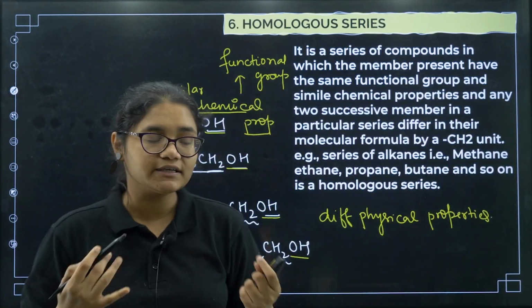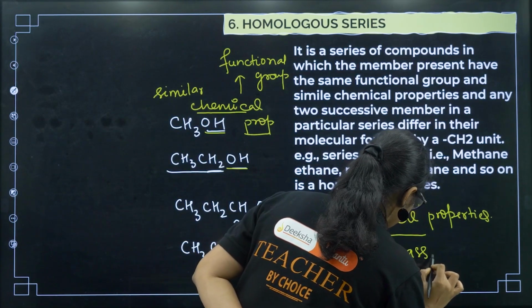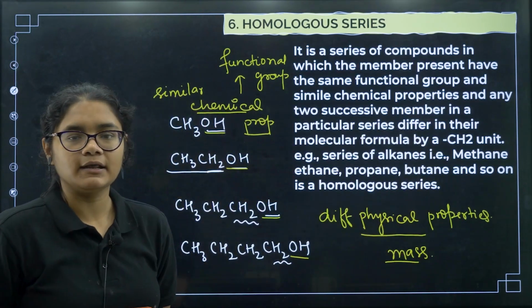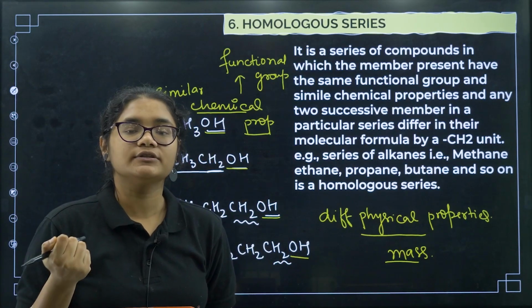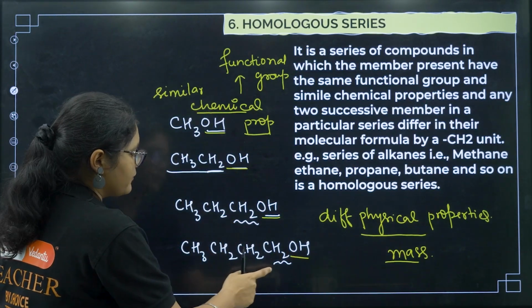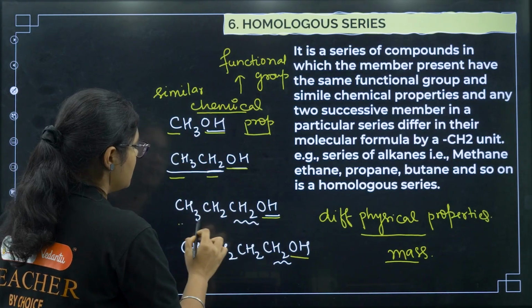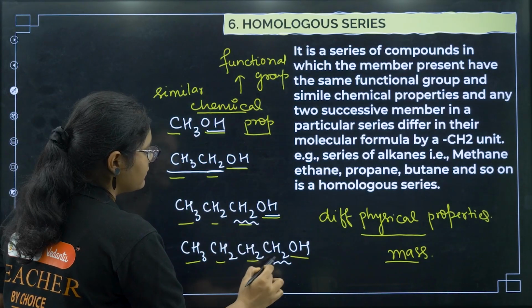But the physical properties generally depend on mass, for example boiling point, melting point, density. So all these things depend on the mass. And you can see as we go down the series, the mass is increasing. Here we had only 1 carbon, here we have 2 carbons, here 3 carbons, here 4 carbons.